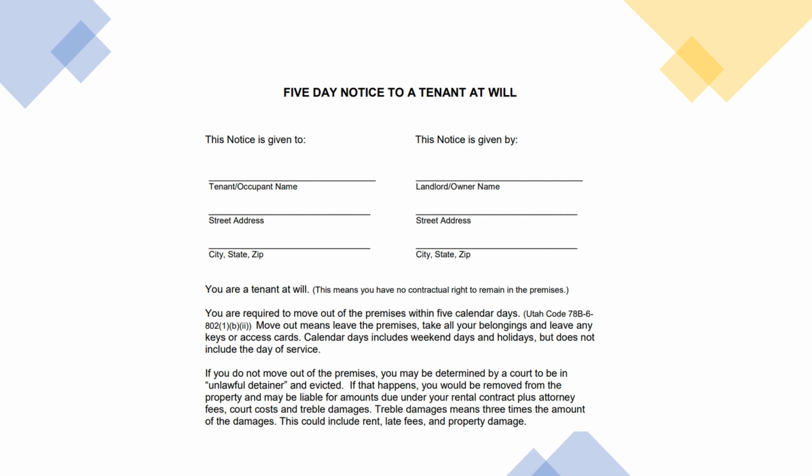This notice is for a 5-day notice to a tenant at will. An at-will tenant is someone that does not have a rental agreement, either in writing or orally.